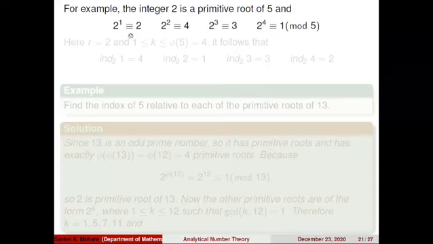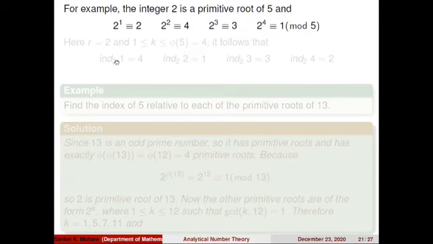Whatever value this power gives under modulo 5, that is your A. So 2 to the power 1 is congruent to 2, so the value of A here is 2. Similarly, 2 squared is 4, and 2 cubed is congruent to 3 modulo 5. The value is treated as A, and k is your index.